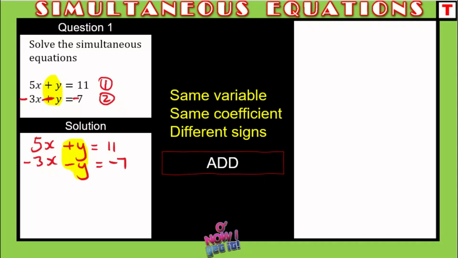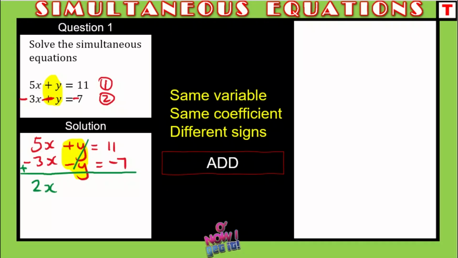Okay, so we're going to be adding these together. And adding a negative will always be the same as just subtracting. So we have 5 take away 3, which is just going to leave us with 2, so this becomes 2x. These are opposites, and that's what we're aiming at.